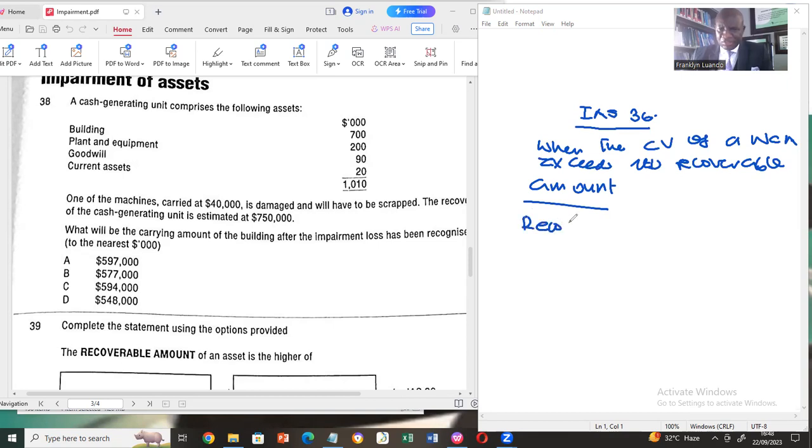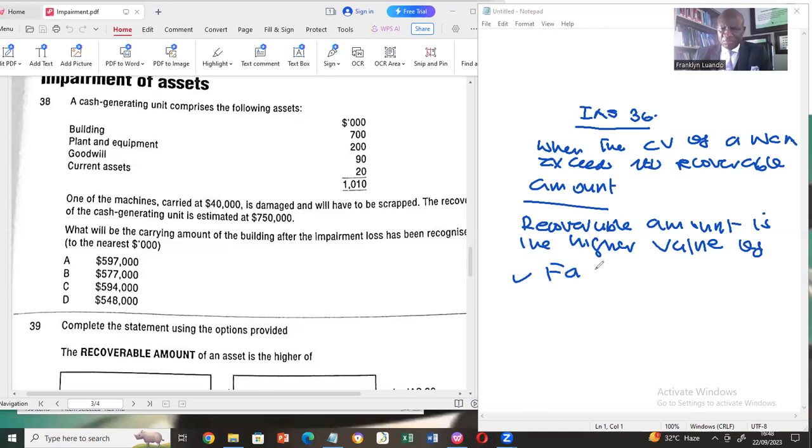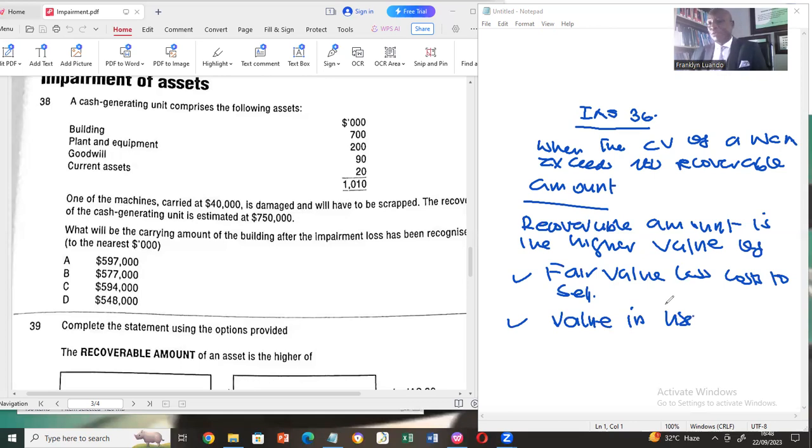The recoverable amount is the higher value of fair value less cost to sell and value in use. So that is the meaning of the term recoverable.